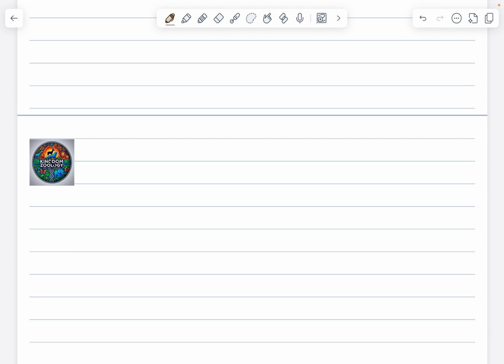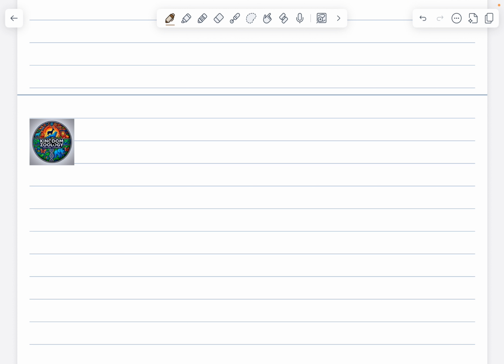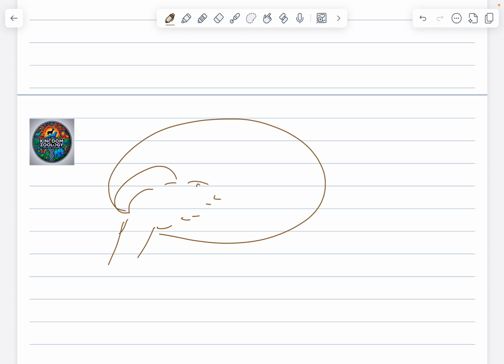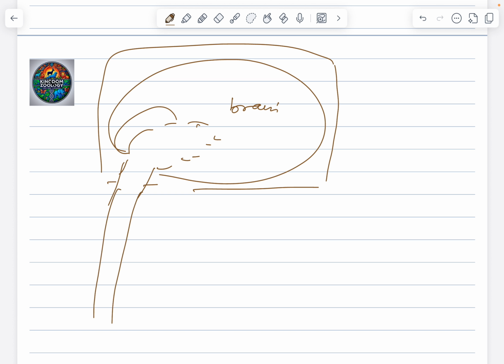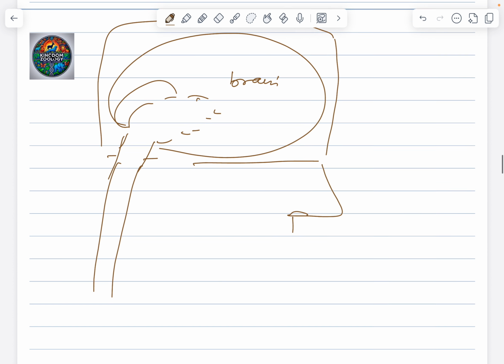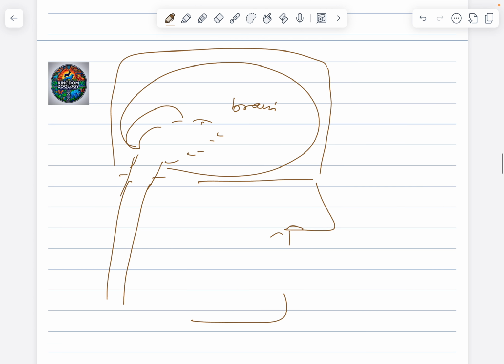Let's say this is my brain over here. As we were discussing, the spinal cord continues up as the brain. So here's my brain, which is of course located in my head. That's my spinal cord going down. Here's my upper jaw, lower jaw, so that's my face, let's say.